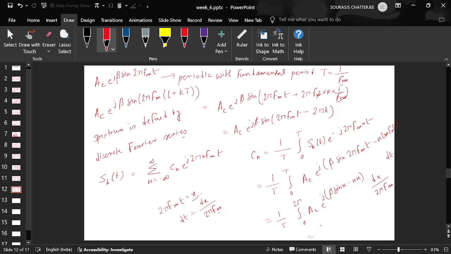So basically what you are left with is 1 over 2 pi, integral 0 to 2 pi, Ac, you take Ac outside, e to the power j beta sin x minus nx dx, right?